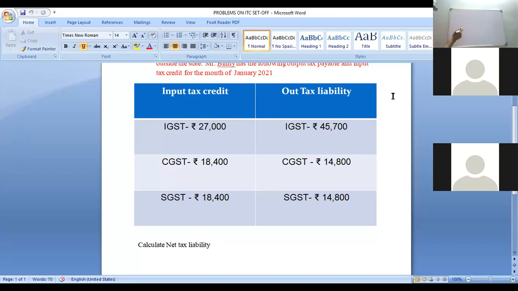So first we'll take the first column, output tax liability. I'm writing in short form. This is input tax credit.